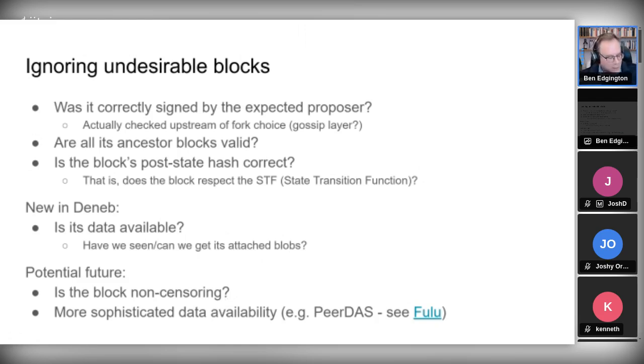Or if Ethereum becomes a government chain, maybe they want to only include blocks that do censor, for example, censor Tornado Cash or something, but let's not go there. And in future, we might want to look at more sophisticated data availability, for example, PeerDAS, rather than just checking the attached blobs. There are more sophisticated checks that we can do. And there's already some work being done on that for the Fulu upgrade.